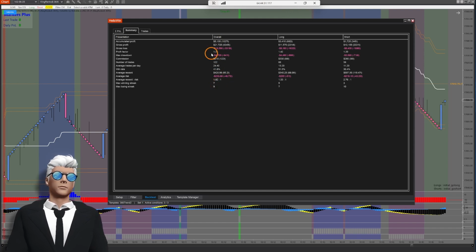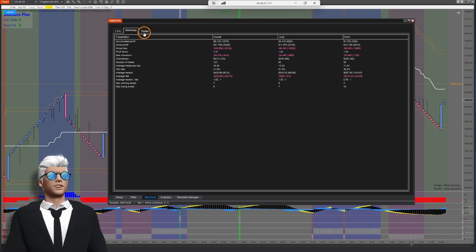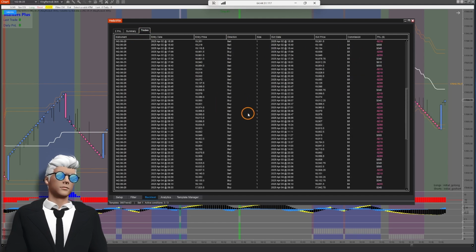But you're getting a 1.3 profit factor, at least on this particular data set. And max win streak of 7, max loss streak of 9, overall 122 trades. Not the greatest, but not the worst. And there's your accumulated profit. And here's your list of trades.